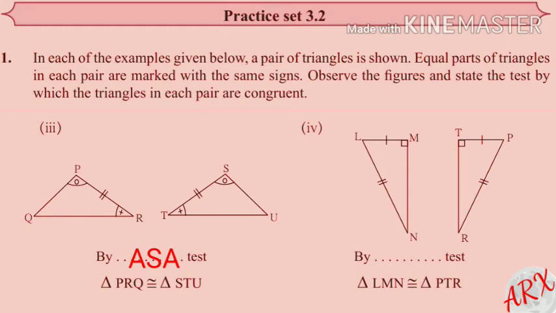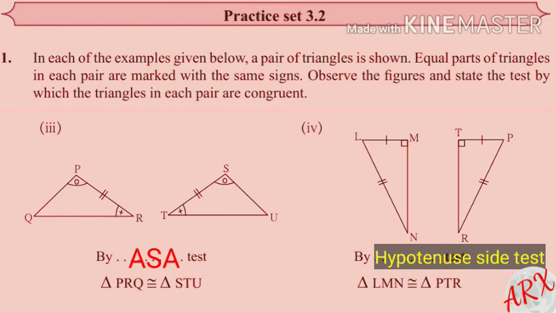Fourth, again if we observe the figures, then in triangle LMN and triangle PTR, LM congruent to TP and angle M congruent to angle T as they both are of 90 degree. Hence, hypotenuse LM congruent to hypotenuse PR. Hence, triangle LMN congruent to triangle PTR by hypotenuse side test.